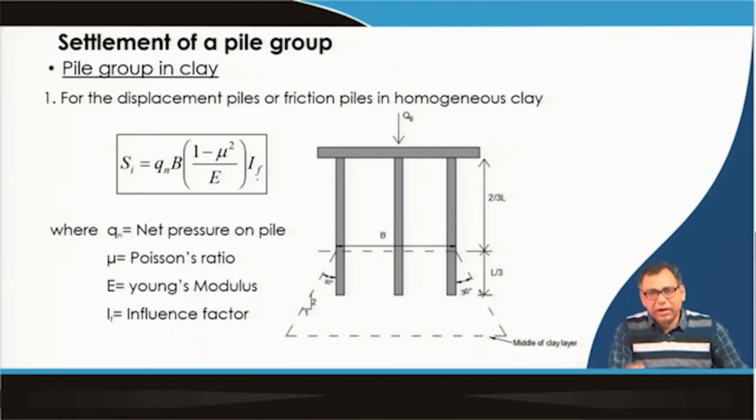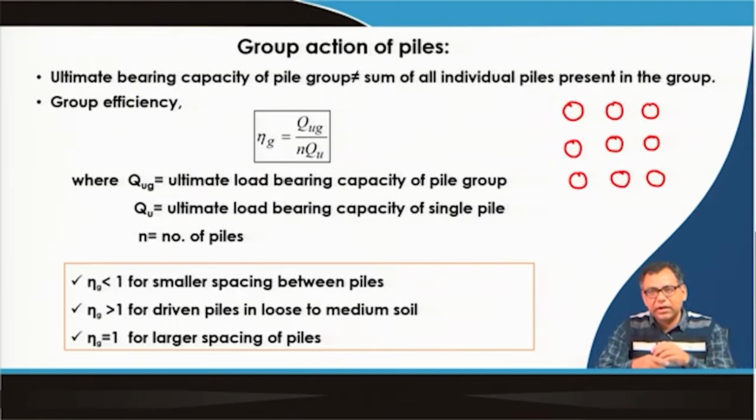We calculate the pile group capacity as a block failure and as a single pile failure, where for the single pile load carrying capacity you multiply by the number of piles. So, the minimum of these two will be the load carrying capacity of the pile group.